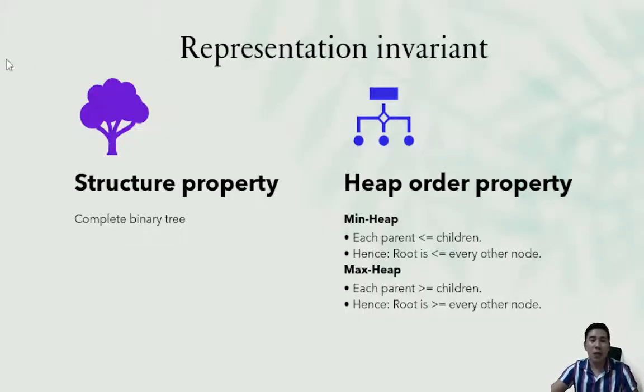Okay, so for this topic, we are going to implement a priority queue using arrays and in the representation of a binary heap. So the structure of a priority queue should be a complete binary tree.